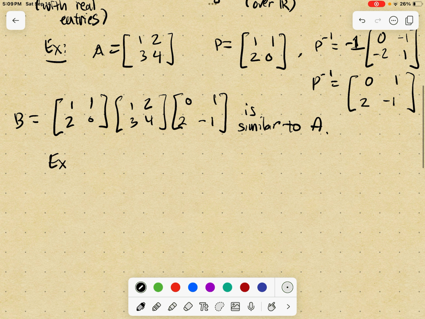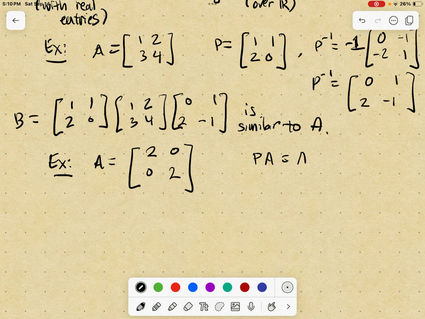What if I have a matrix that's diagonal with the same entries on the diagonal? Well, in this case, no matter what P is, PA is going to equal A times P. It's just going to be 2P.